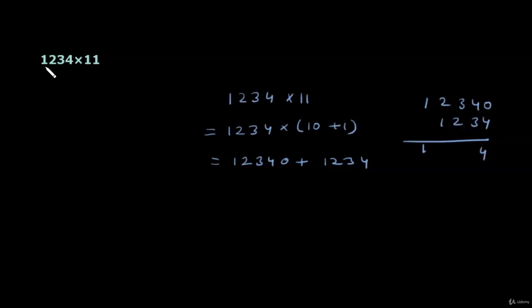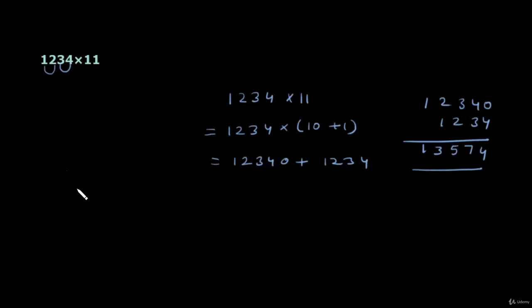Like adding this 1 to 2, and adding this 2 to 3, is same as adding this 2 to the neighboring number 3, and adding this 3 to 4 is same as adding this 3 to the neighboring number 4. So in this way, because of shifting of the digits, adding the number by shifting to one place, we can get the answer. So that's why this technique of adding to the number is working.